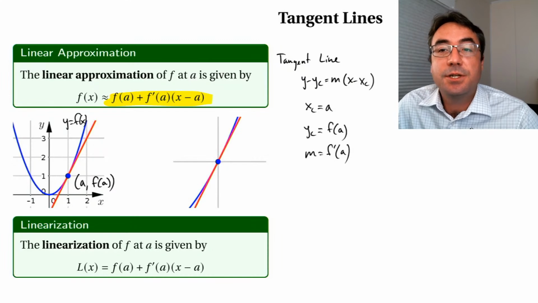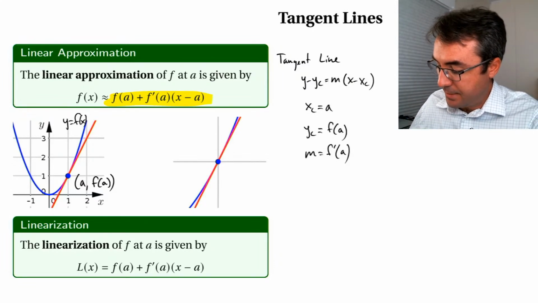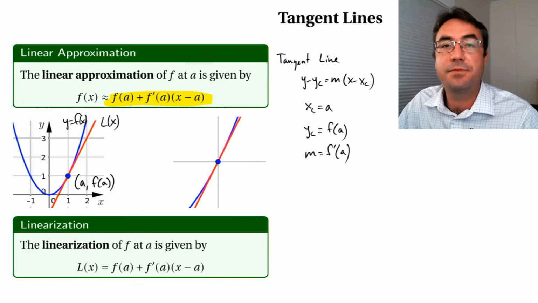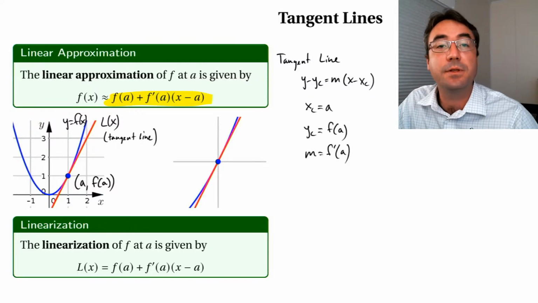The linearization of function f at a, we call it L of x. So on our little diagram here, we have our tangent line drawn, but this is also the graph of L of x. So it's really just the tangent line. We're just calling it a special name now. We're calling it the linearization.